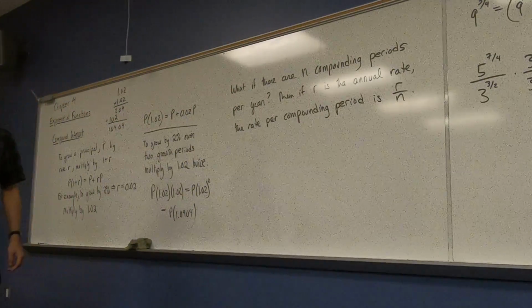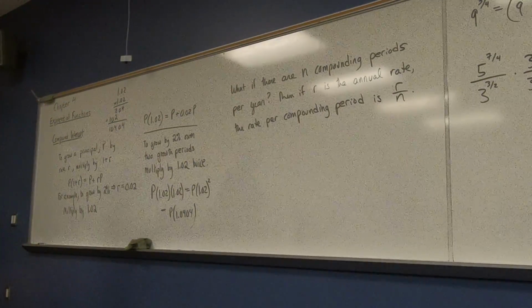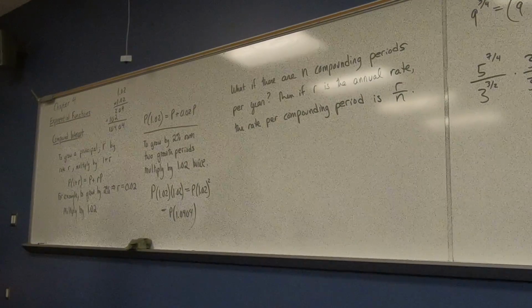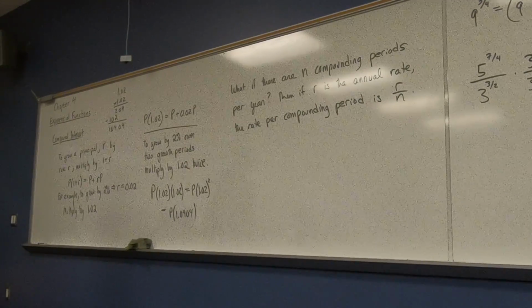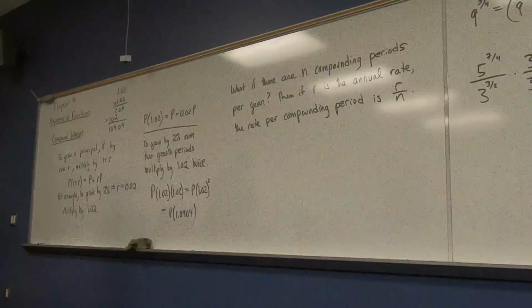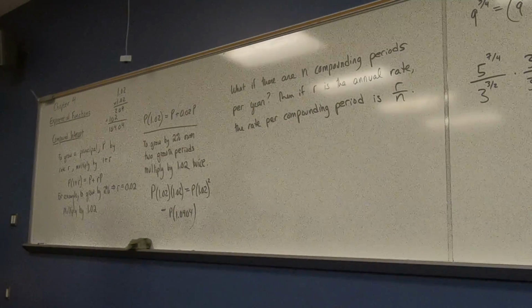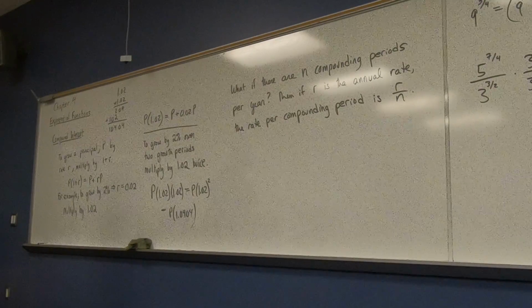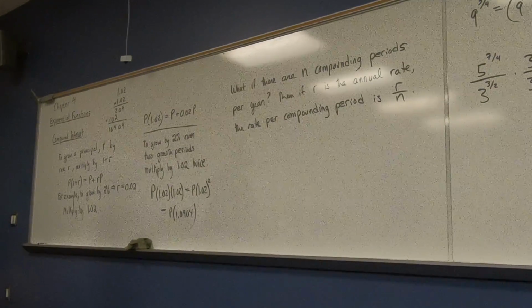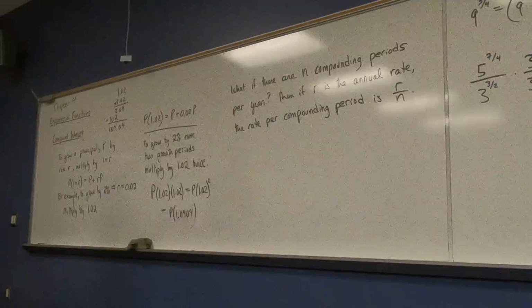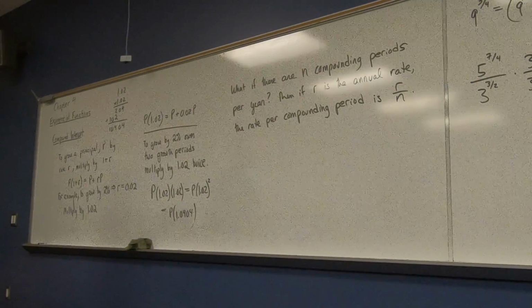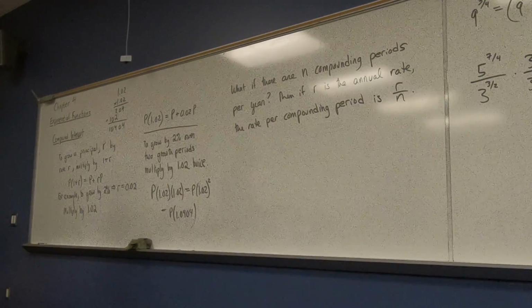Because if you have, say, a 12% interest rate, good luck with that, but you compound quarterly, then every 3 months you would grow it by 3%, right? 3%, 3%, 3%, 3%, 4 times would be 12%, but it's going to be a little bit more than that, because you're compounding quarterly.